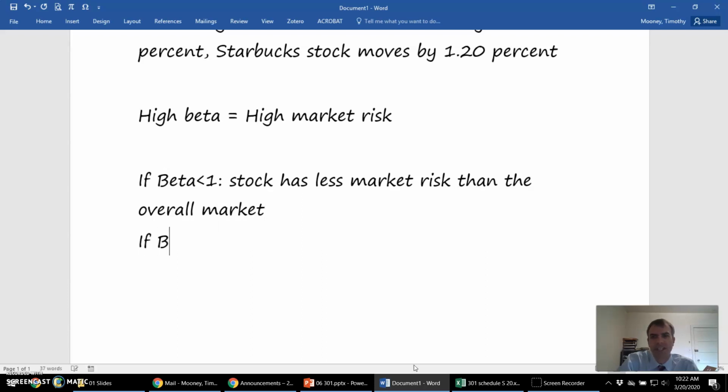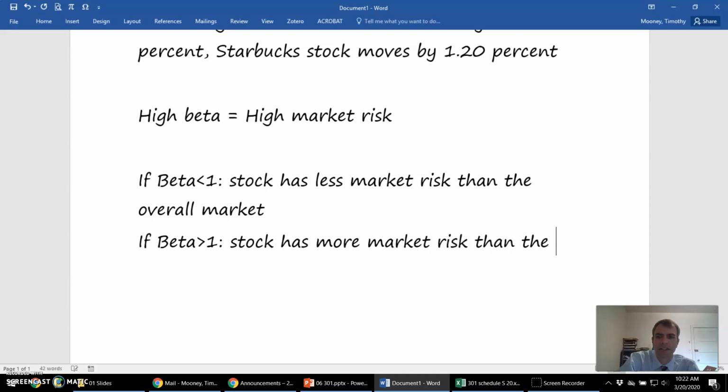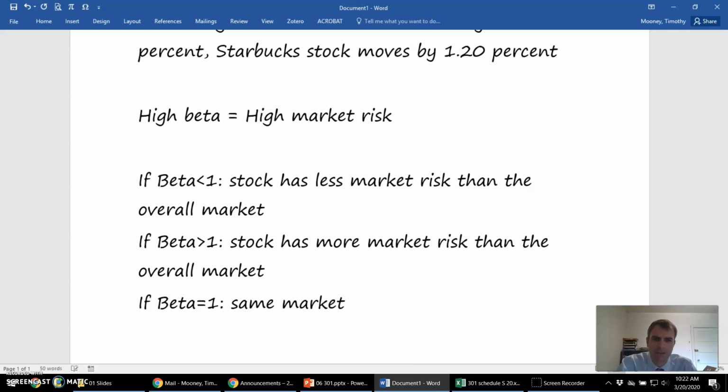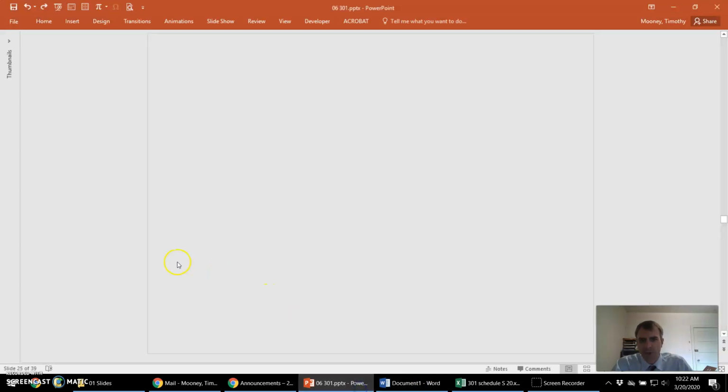If a stock has a beta greater than 1, that means the stock has more market risk than the overall market. If a stock has a beta equal to 1, the stock has the same level of market risk as the overall market.